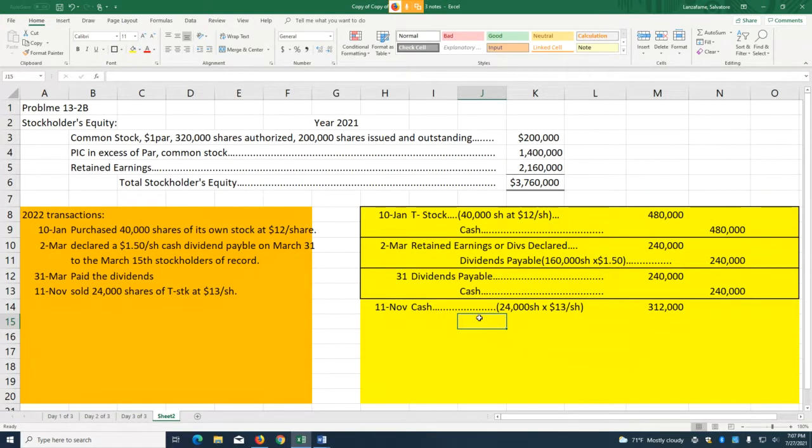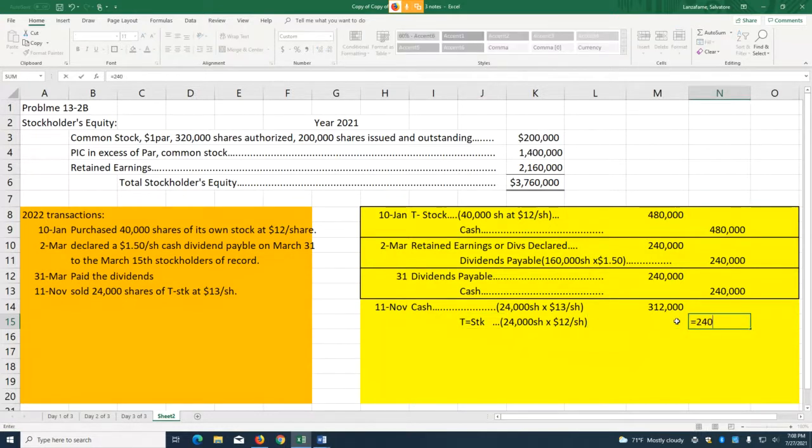We also want to get rid of our T stock. And the T stock has to come off at the original value. So 24,000 shares at the original $12 a pop. I get 288.